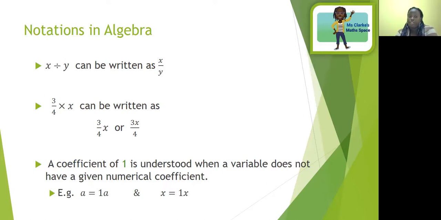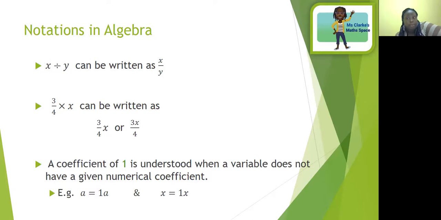A coefficient of 1 is understood when a variable doesn't have a numerical coefficient. For example, a is the same as 1a, x is the same as 1x. And I'm going to break it down in layman's terms. I have an apple. Apple is the same as saying 1 apple.